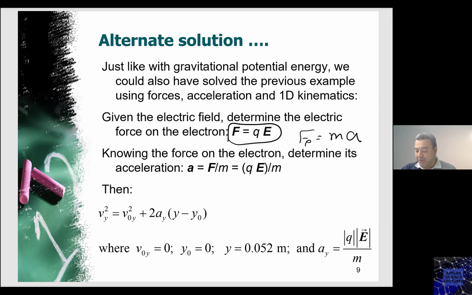So equating those two forces, I know that the acceleration A is QE over M. So if I now get the acceleration, I know the distance, which was 5.2 centimeters here.